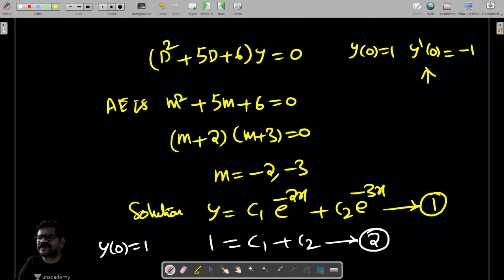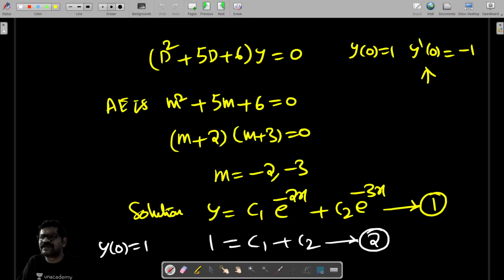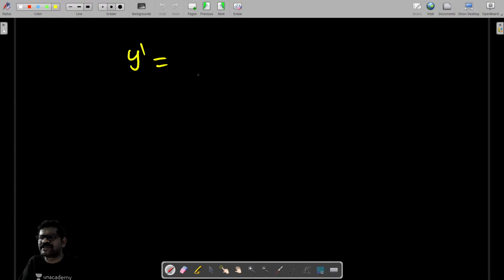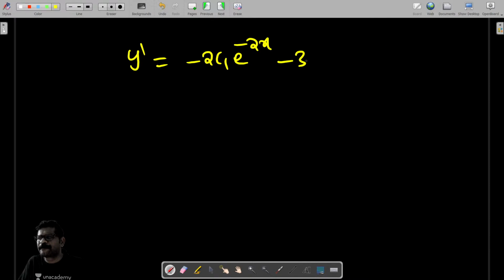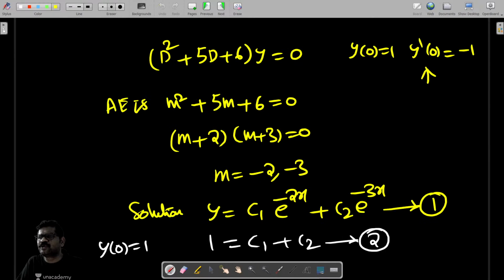We will get dy by dx, or y dash, equal to minus 2c1 e power minus 2x minus 3c2 e power minus 3x. Call it equation 3.